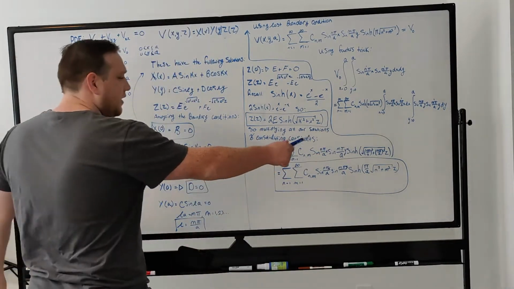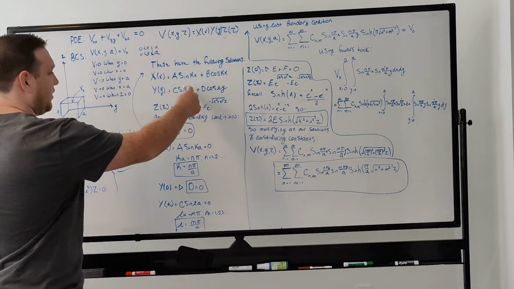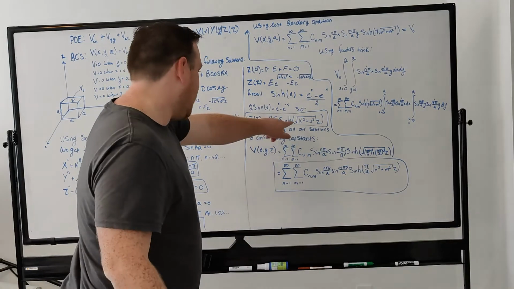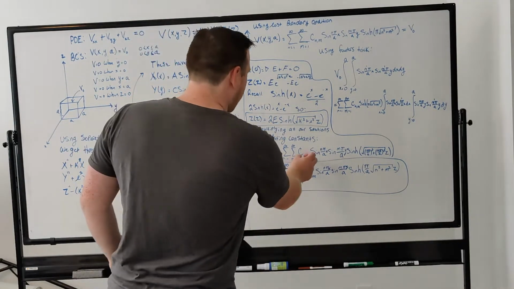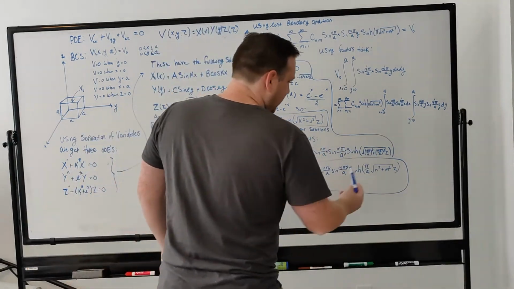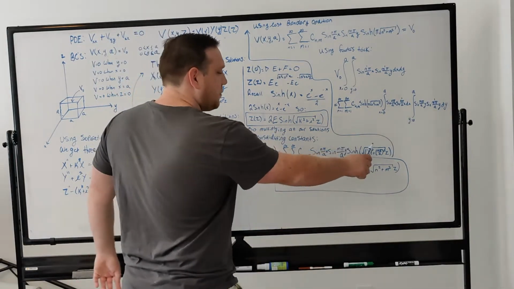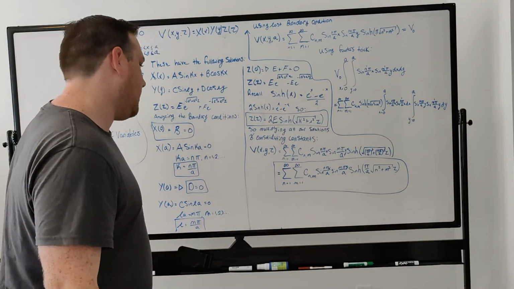The y is just sine of m pi y over a, because the d term here is 0. Then we have our z, and remember, I combined the constants, so we just have our hyperbolic sine function, as we saw here, where I plugged in k and l as n pi over a and m pi over a accordingly.